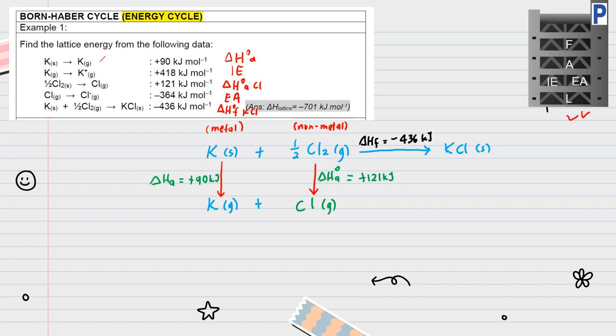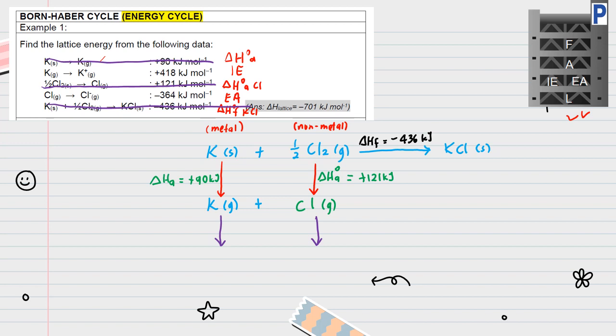So next seterusnya after atomization kita akan turun pula kepada ionization energy. So daripada K, I nak highlightkan dulu. Okay, yang ni kita dah buat. Untuk atomization pun kita dah buat. Untuk formation pun kita dah buat. So sekarang ni kita turun kepada IE untuk K gas.